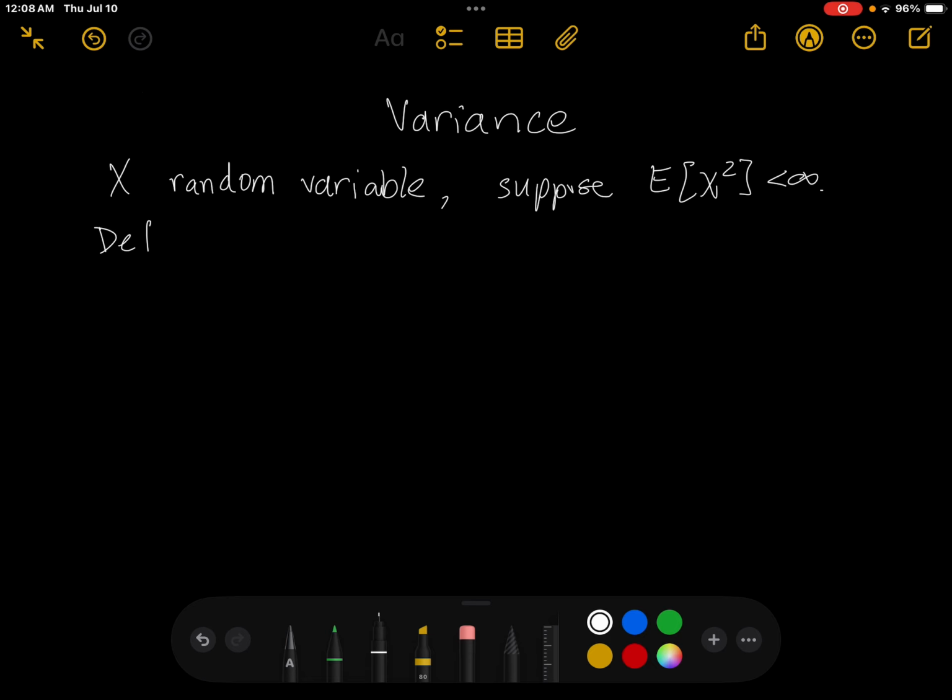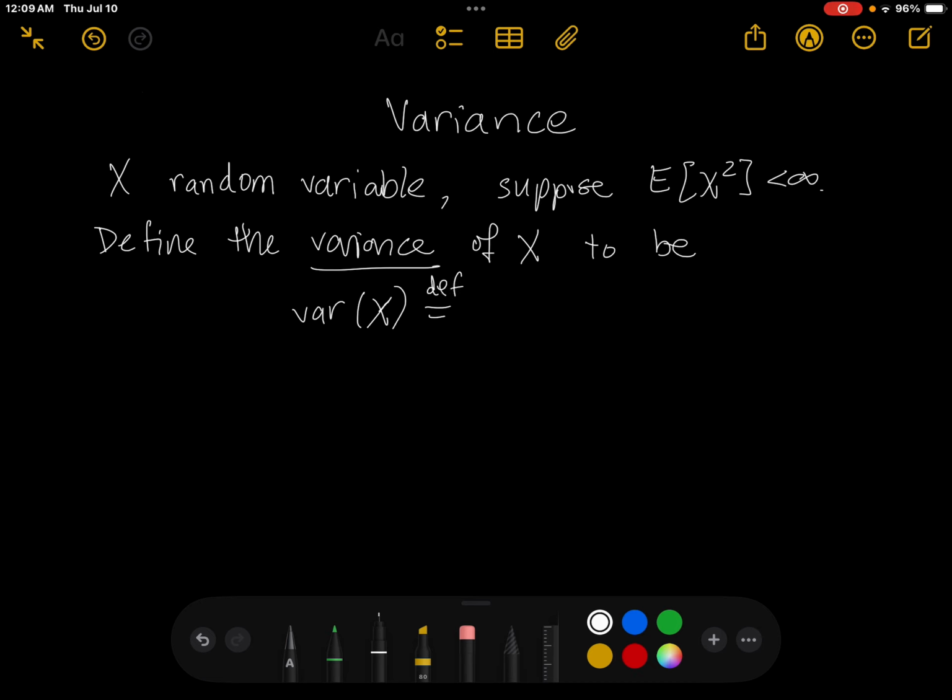Then in this case, we define the variance of X, I'll use the notation Var(X), to be the expectation of (X minus the expectation of X) squared. So just to clarify, you're taking the random variable X minus E[X], squaring it, and then finding the expectation of that.